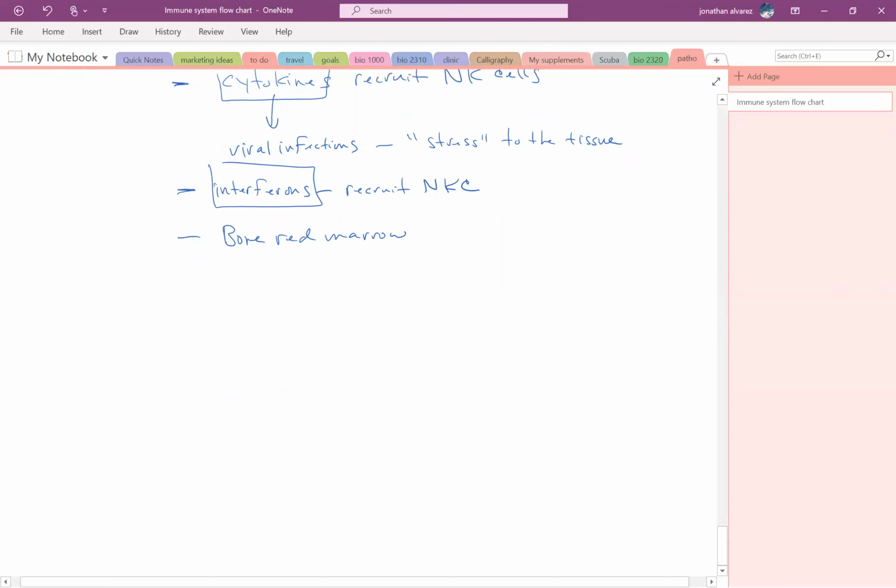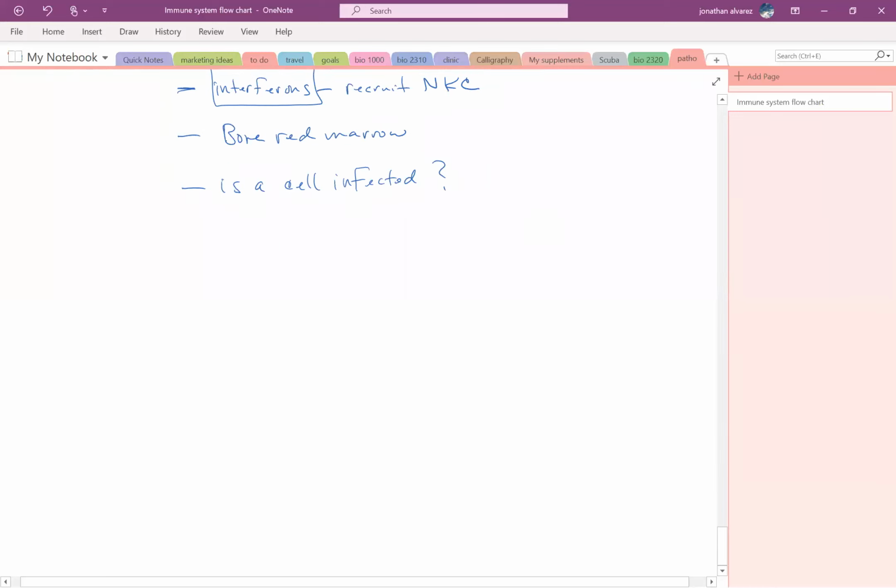Okay, so they do have the ability to determine if a cell is infected or not. Is a cell infected? If it is, they will destroy it. If the cell is okay, then they leave it alone.